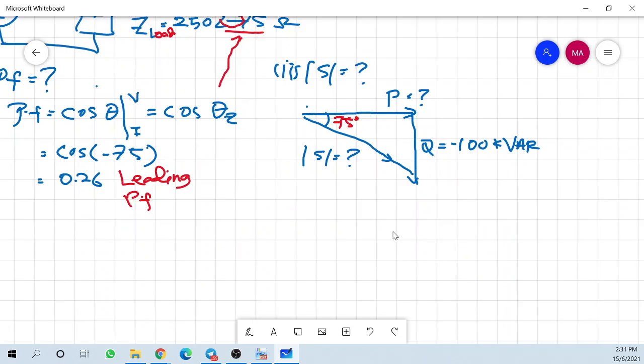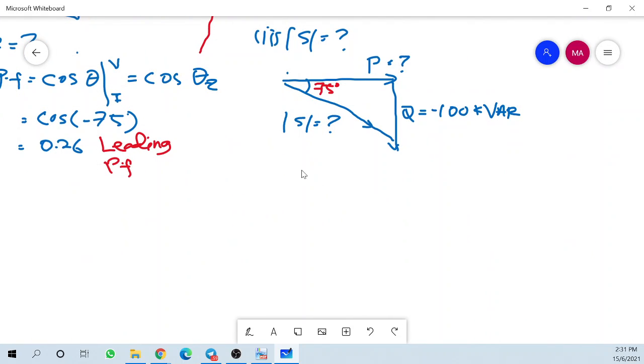How do we determine the apparent power? You can simply apply the concept of trigonometry. What is the relationship between S and Q?